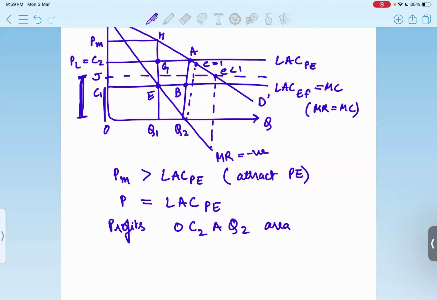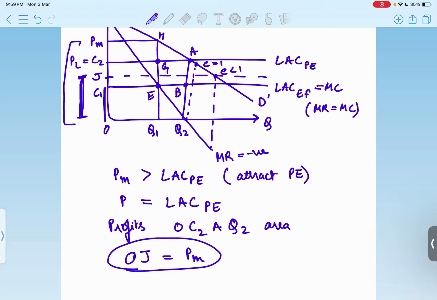And apart from this, suppose OJ is also equal to the monopoly price. Will the already existing firms again set OJ as the monopoly price? Because here we saw that the monopoly price will not act as the limiting price. But if the monopoly price is at OJ level, the firm will decide to produce at this monopoly price because the reason is the same: it is lower than the cost of the potential entrants in the industry.